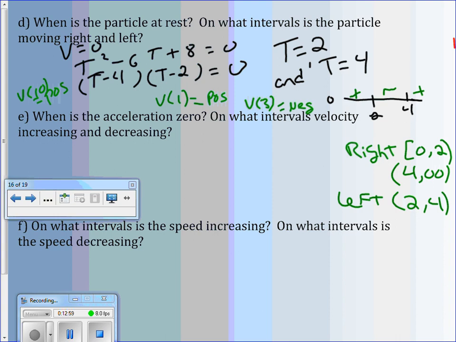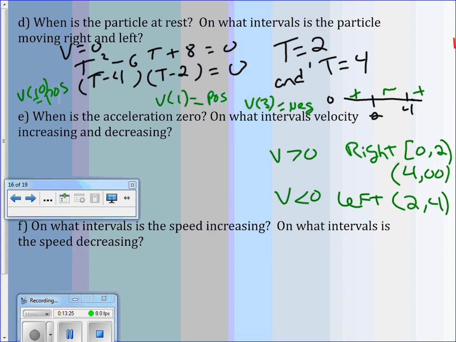Now, if they ask you to justify your answer, the sign chart by itself is not sufficient justification. You want to show your calculation, show your sign chart, and put it in words. Why is it moving to the right on these two intervals? Because that's where the velocity is greater than 0. Why is it moving to the left on that interval? Because that's where the velocity is less than 0.